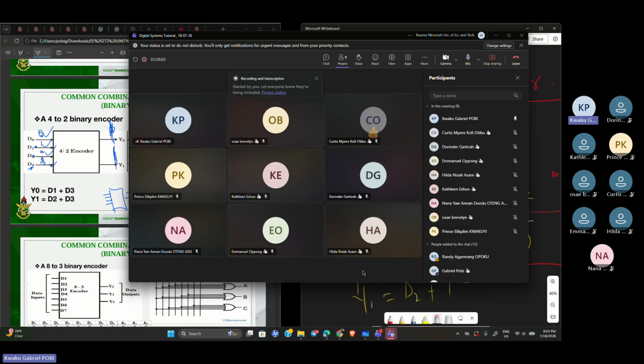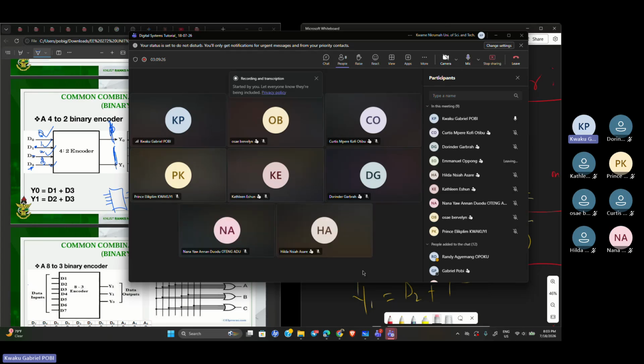So the 3 is going to run from 0, 0, 0 all the way to 1, 1, 1, which is the 7. So if you are getting 0, 0, 0, then only D0 should be a high to be sent to the outputs. So 1 at a time. The rest should be all zeros. If it's 0, 0, 1, only D1 should be a high. The rest should be zeros. That's all about the encoders.